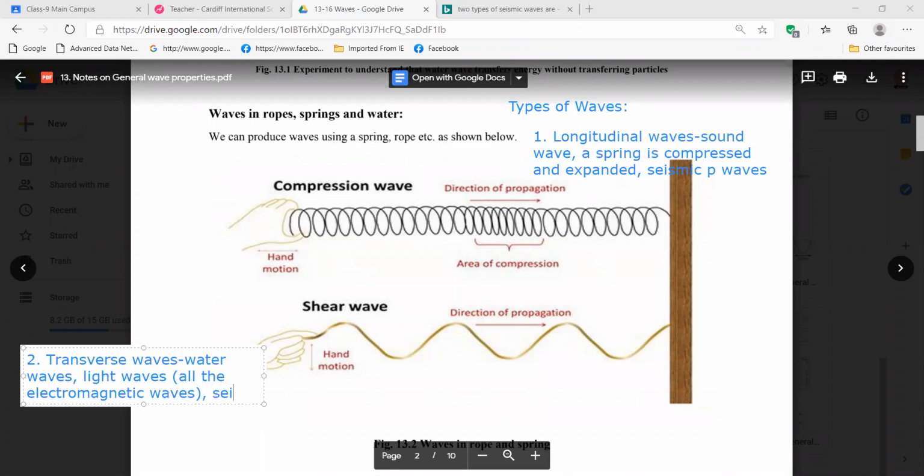Then seismic S waves, a rope vibrates up and down.